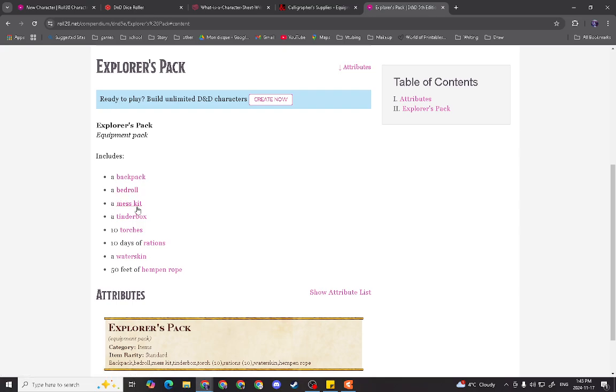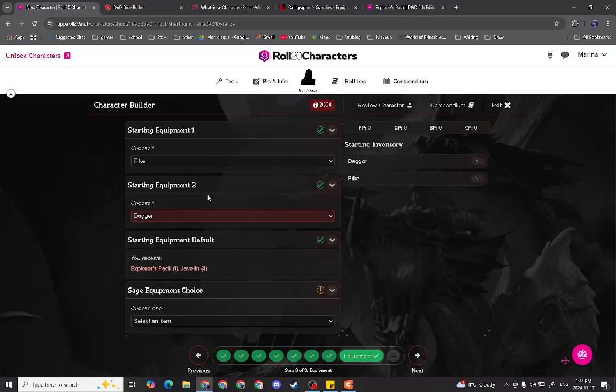A mess kit, which is, you know what a mess kit is? Like a cooking kit? Yes. A tinderbox, torches, 10 days of rations, a water skin, and some hempen rope. Tinderbox. Yes. Okay. Cool. So that's what you get in your explorer's pack.